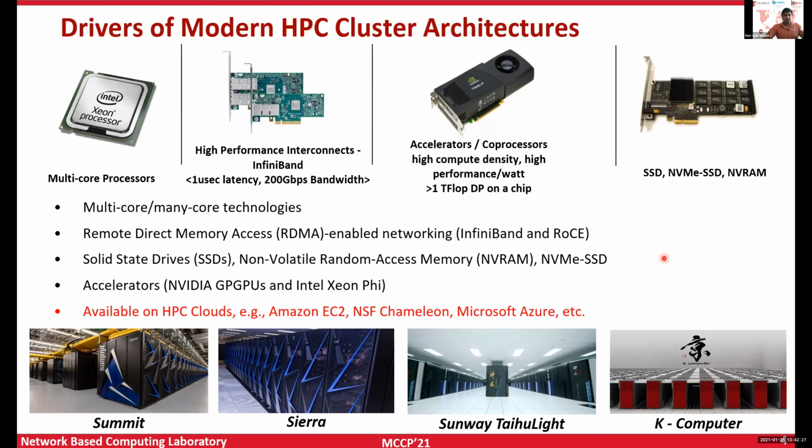There are a lot of drivers of modern HPC architectures, like multi and many core processors. If you look at your laptop or your servers, you have very beefy processors in there, and you have a bunch of them. So how do you connect all of them together? In order for one computer to talk to another computer, you need something to interconnect them. That is where the interconnection networks come in.